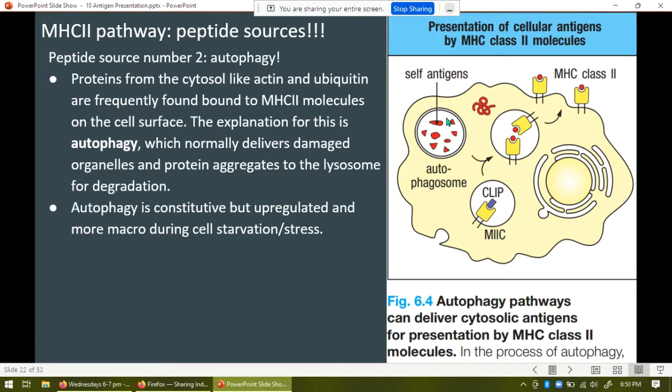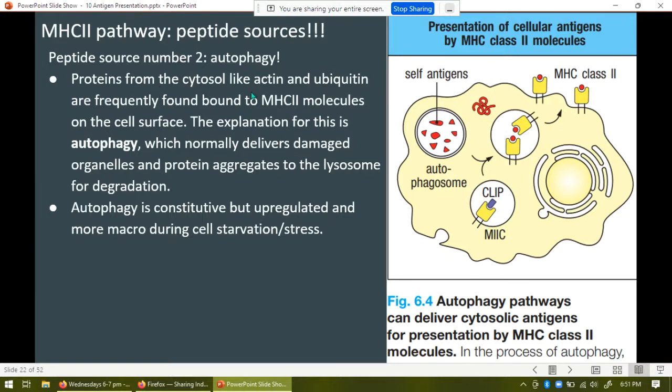This is one way that cells can conserve energy, by eating the contents of their own cytoplasm through autophagy. But that can fuse with MHC2 containing vesicles, and it can end up with self-antigens being loaded into MHC2. In some cases, if there is a viral infection, this can also result in viral antigens from the cytoplasm being loaded into MHC2 as well.